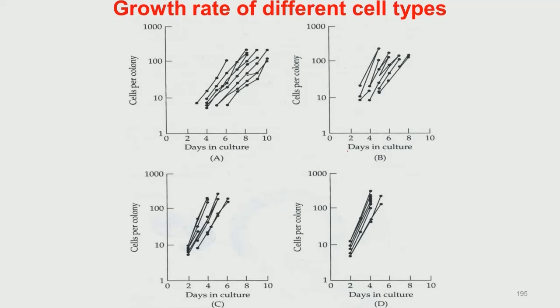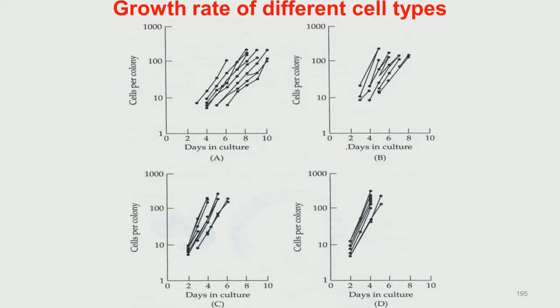Now, when you grow the cells in culture, one of the immediate parameters that researchers use to see whether these cells grow in a predictable manner or not is to count the number of cells after growing them over different time scales like 4 days, 6 days, 8 days and so on, over a week or more than a week.